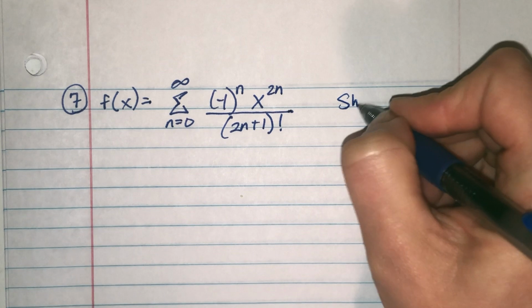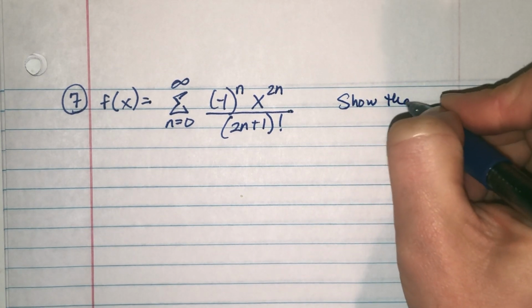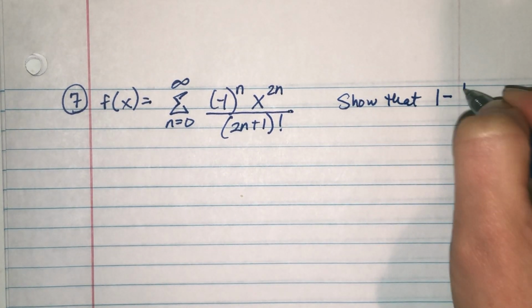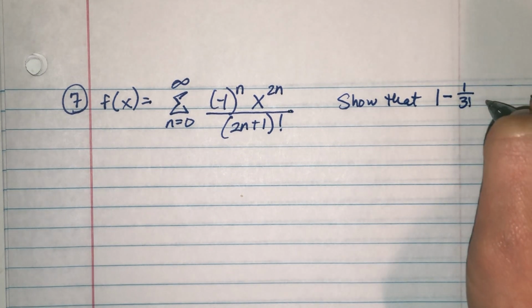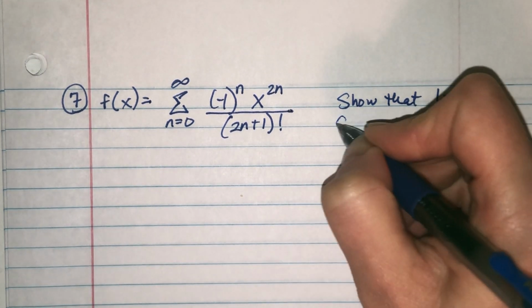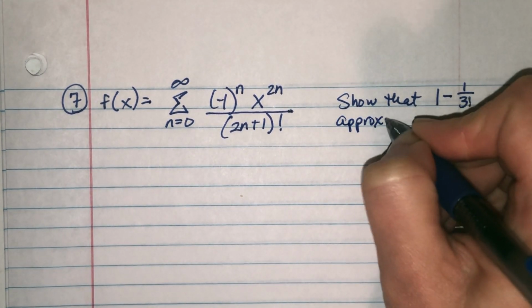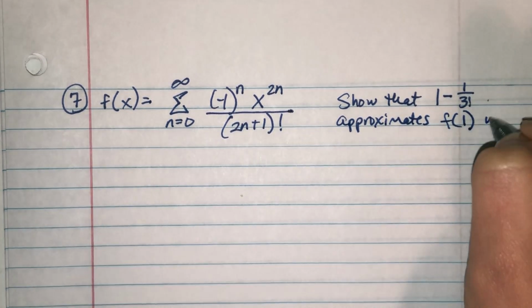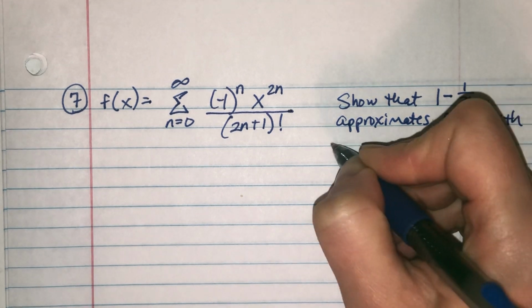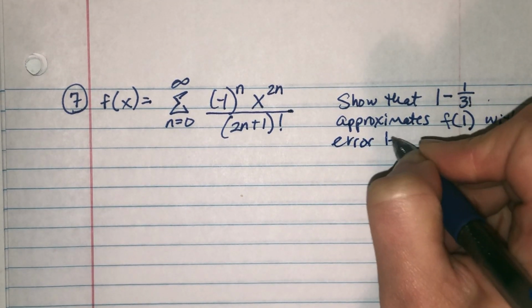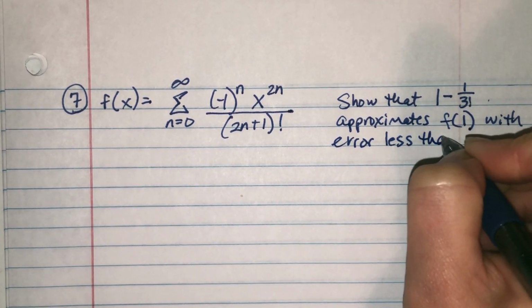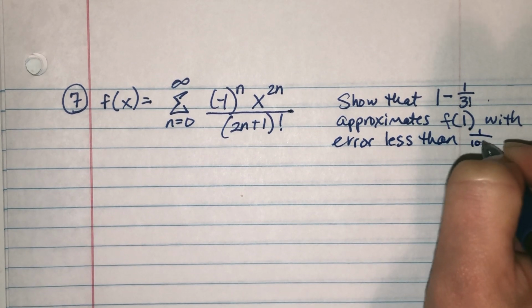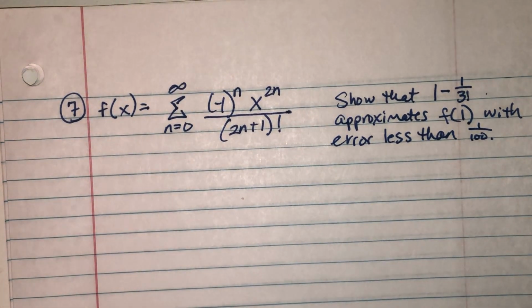We want to show that 1 minus 1 over 3 factorial approximates f of 1 with error less than 1 over 100.